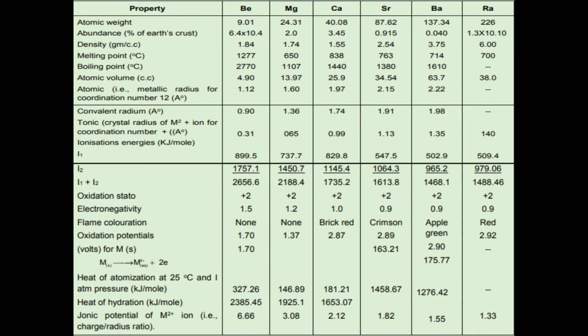In this table, a summary of the physical and atomic properties of the group 2 elements is given below, like atomic weight, percent abundance, density, melting point, boiling point, atomic volume, atomic radii, covalent radii, ionic radii, ionization energies, oxidation state, electronegativity, flame coloration, oxidation potential, heat of atomization, heat of hydration, ionic potential, etc.